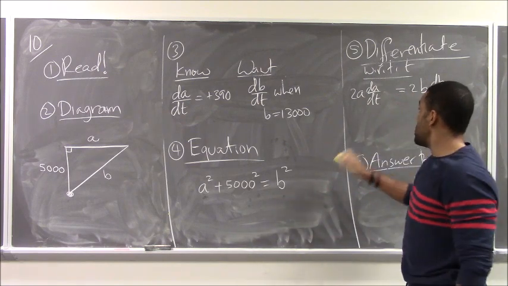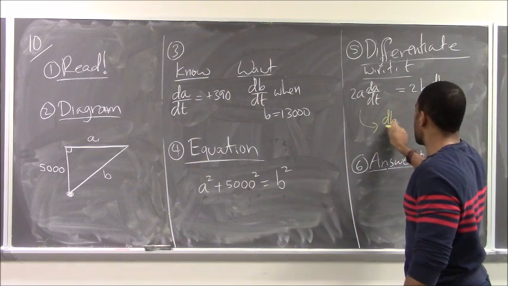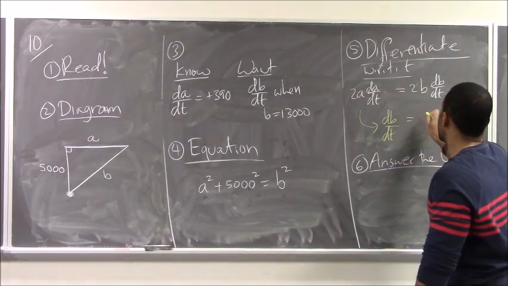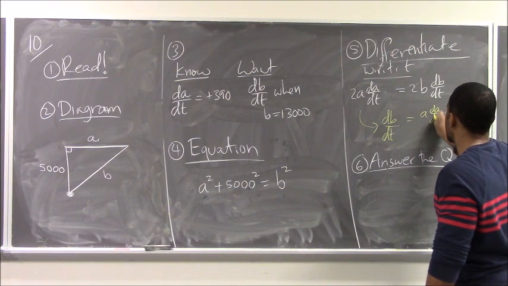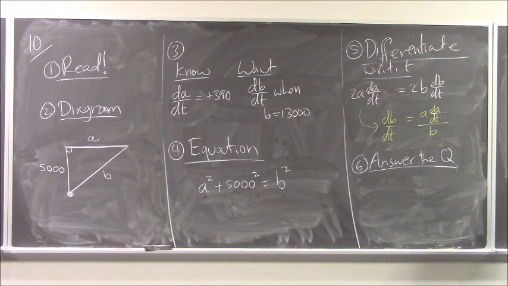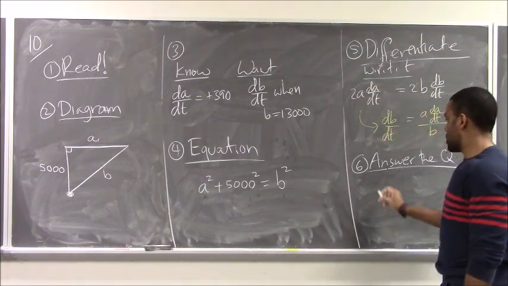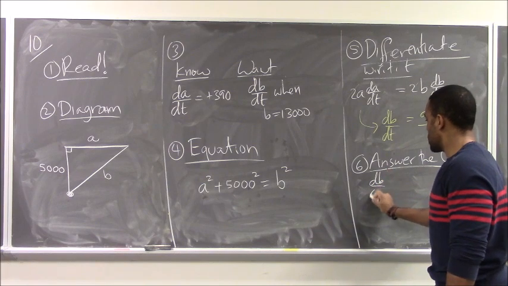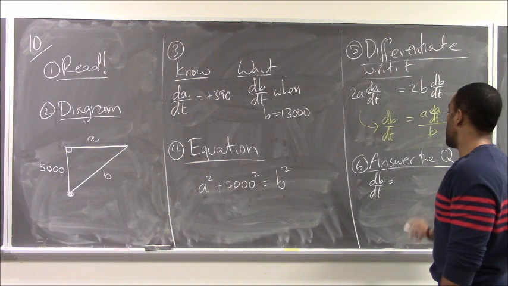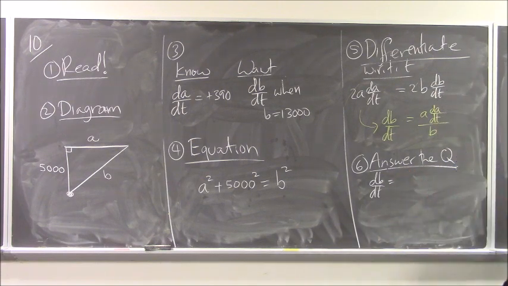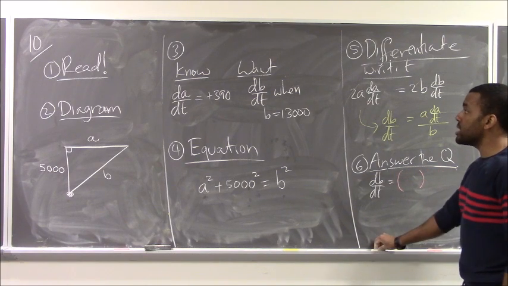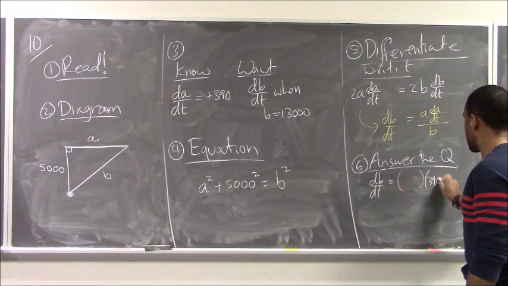Now what I care about is dB/dt. I can solve for it here. First of all, divide both sides by 2, then divide both sides by B. So this is A dA/dt over B. So now I'm going to plug this in. dB/dt equals A. I don't know what A is. dA/dt, I know that that's 390.